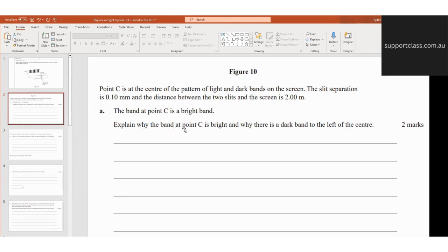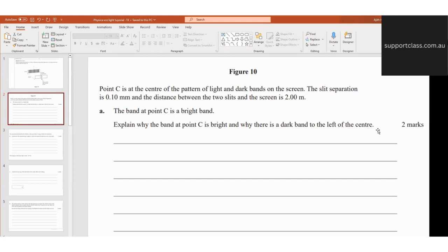Explain why the band at point C is bright, and why there is a dark band to the left of the center.